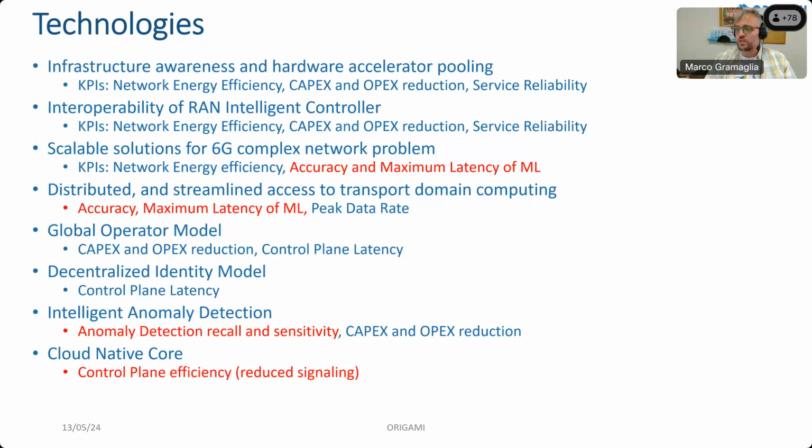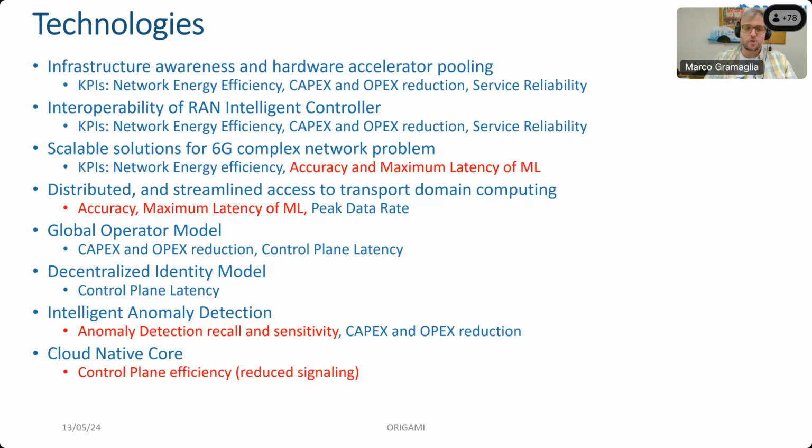Then a solution targeting distributed and streamlined access to transport domain computing, embedding NI deep into the switches, again targeting peak data rate, but also KPIs related to machine learning. Global operator model, so achieving a federation of operators exchanging data among them, with CAPEX and OPEX reduction and control plane latency as target KPIs.